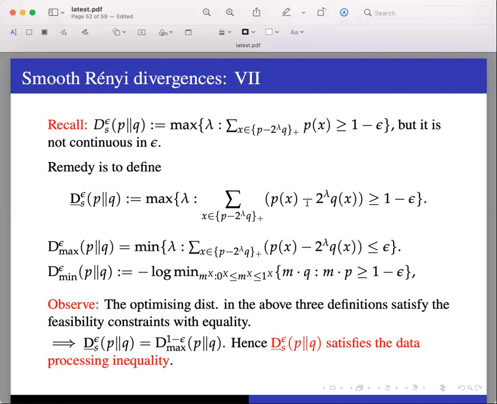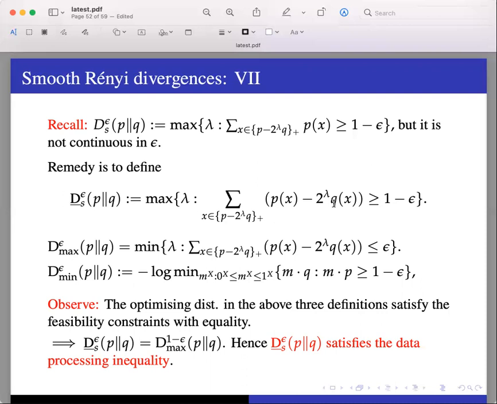The contribution will be 0, because when it just creeps in, Px naught is exactly equal to 2 to the lambda Qx. In other words, lambda has gone down continuously. So as epsilon increased continuously to epsilon prime, lambda was also going down continuously, so that when things creep in, lambda is at the right threshold, and the contribution for the new x naught is still 0. Is that clear?